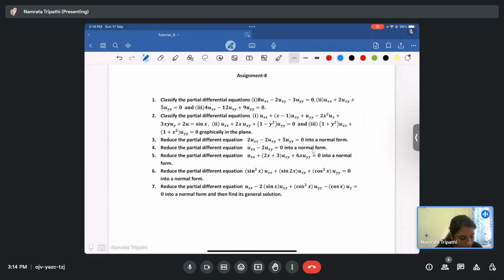Okay, first one, try to solve the first one. First of all, you have to classify the partial differential equation. Please try to calculate.